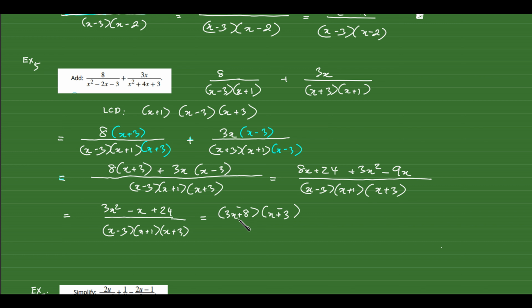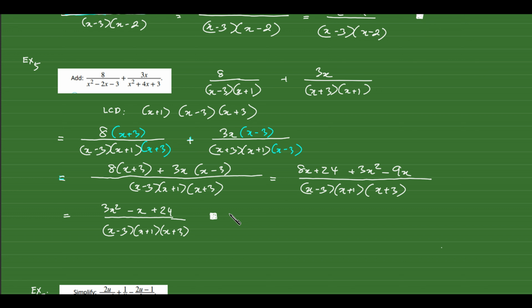So this is not factorable. We're just going to leave it like that, and this will be your final answer.